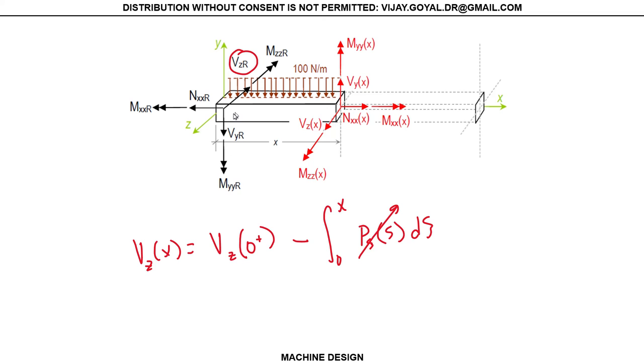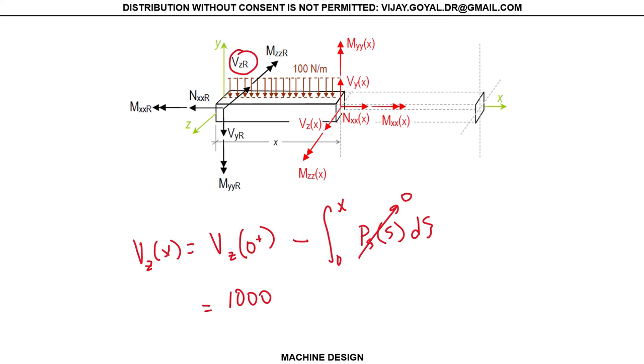You don't have any distributed loads in Vz. This is Vz right here, so you can see you don't have any distributed loads in the Z direction. So that goes to 0, and you basically end up with your initial value that's equal to 1000. Okay? So that's another way to do this problem.